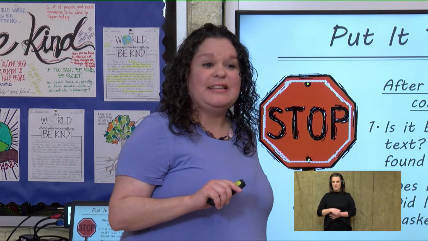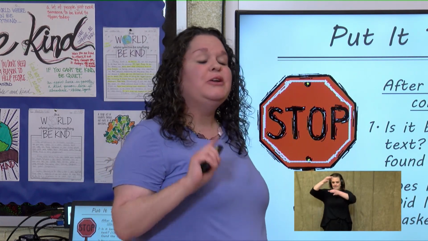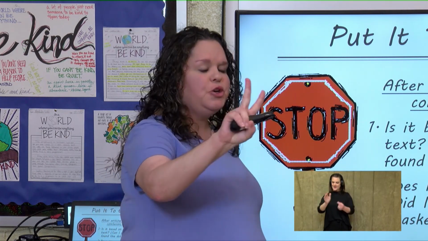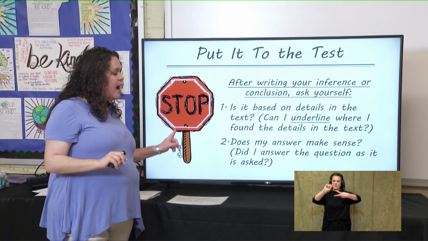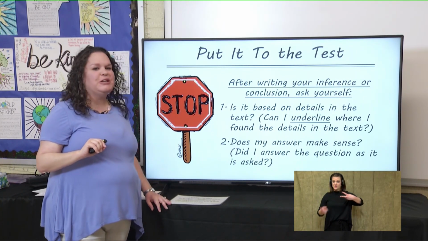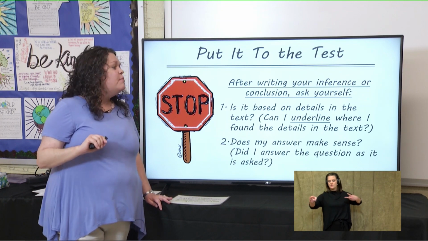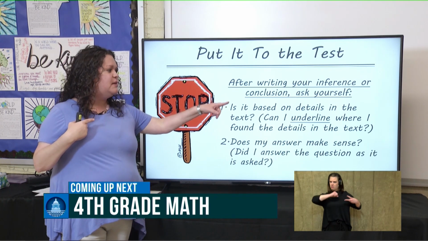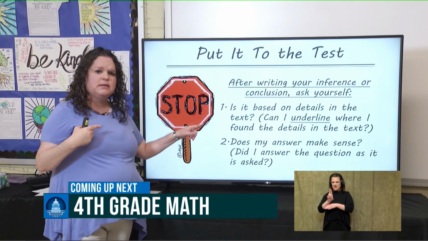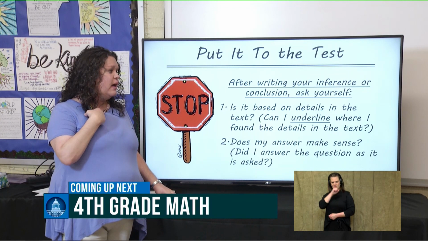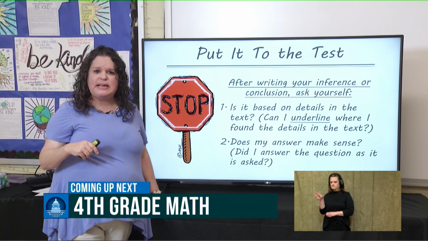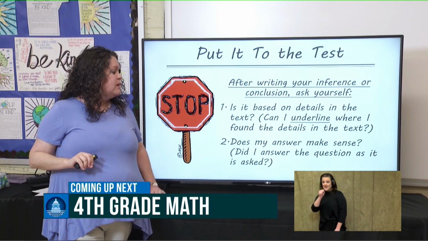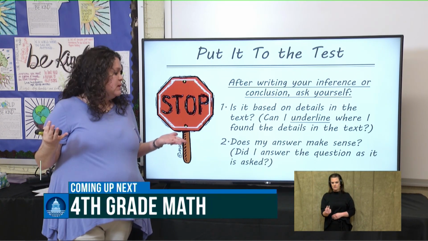Now, it is time then to put your conclusion or your inference to the test. And this is a two-part question. You need to stop and put your conclusion or inference to the test by asking, is my inference or conclusion based on details in the text? Can I underline where I found the details in the text? If I can, then I can move on to question 2. Does my answer make sense?